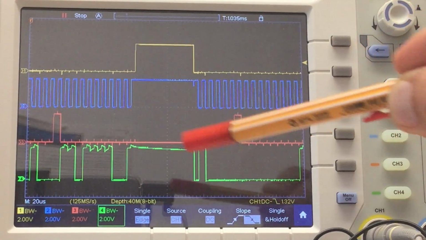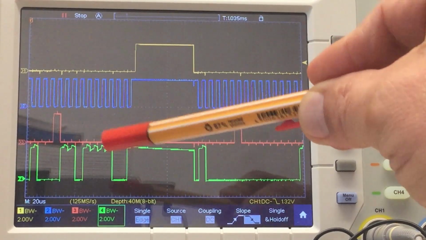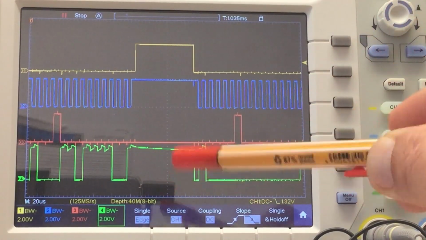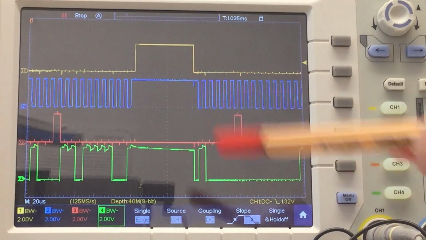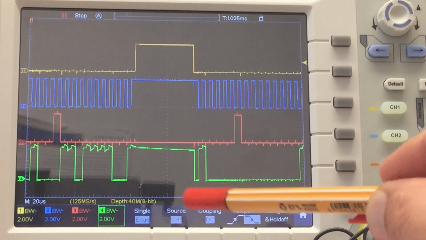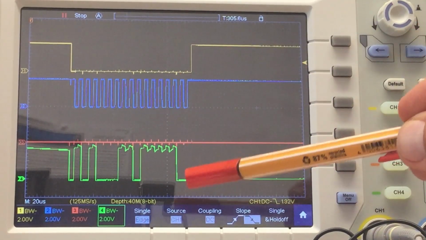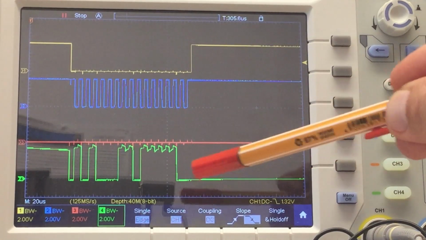So what we see here is the discharge of all the capacity we have in our transmission line. And you see that doesn't happen if the last bit in a transmission was actually low.